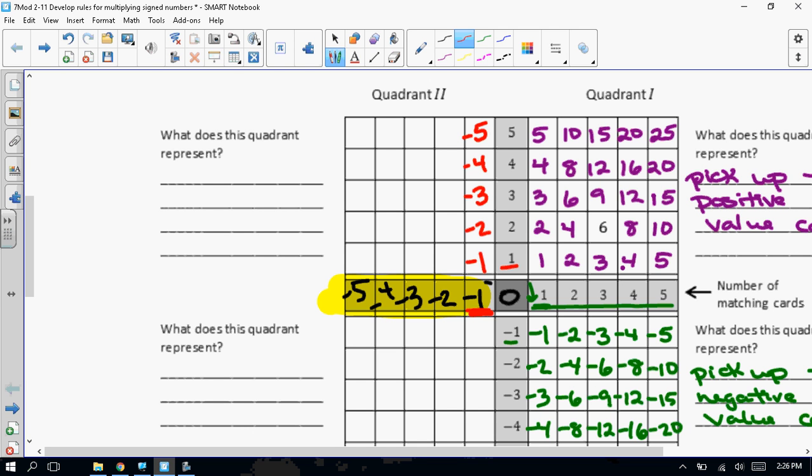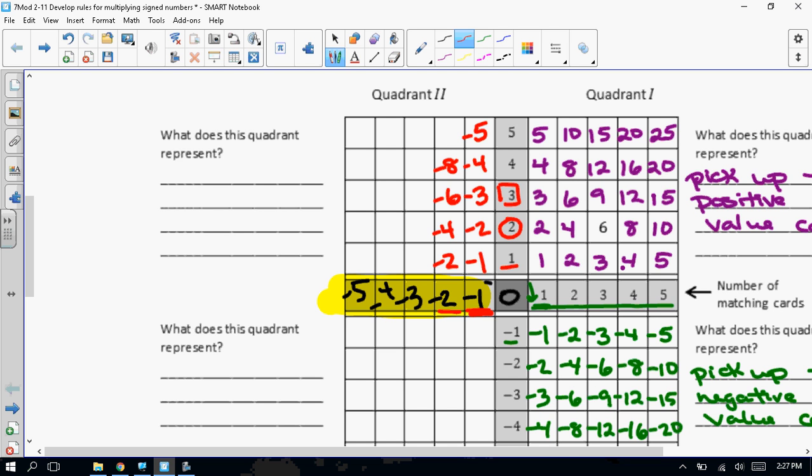I removed a 5. What if I remove 2 cards, each worth 1 point? Well, it's -2. What if I remove 2 cards, each worth 2 points? I've lost 4 points. If I remove 2 cards, each worth 3 points, I'm now losing 6. Remove 2 cards worth 4 points is -8.